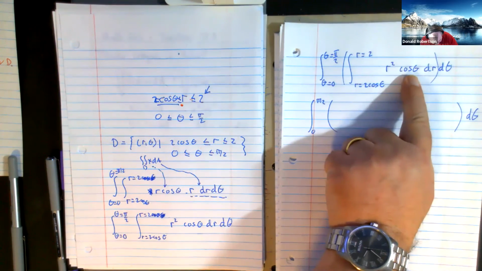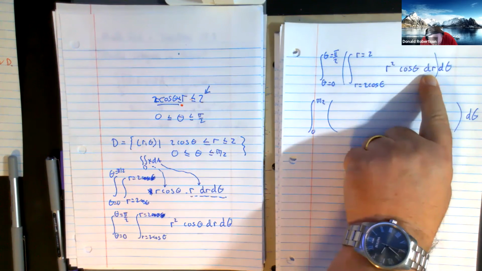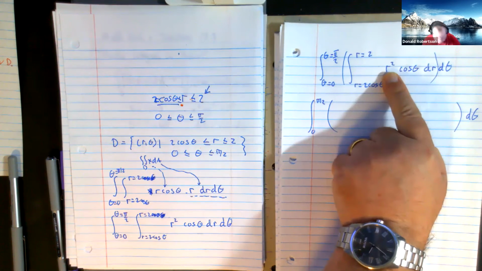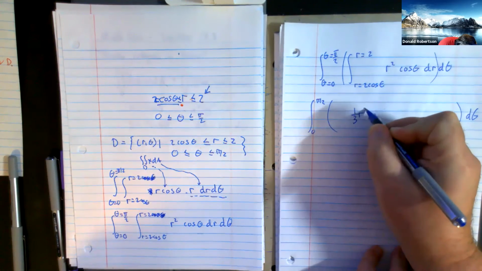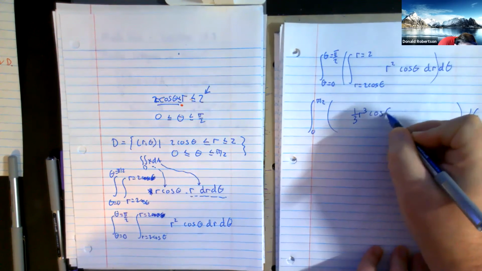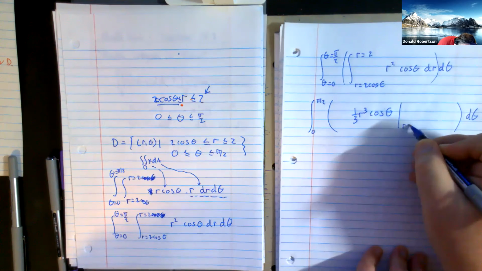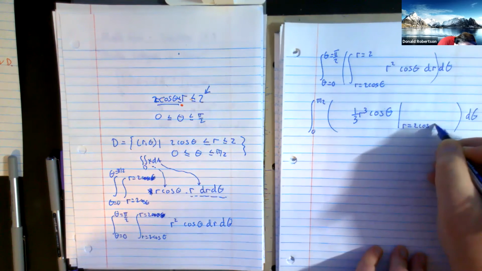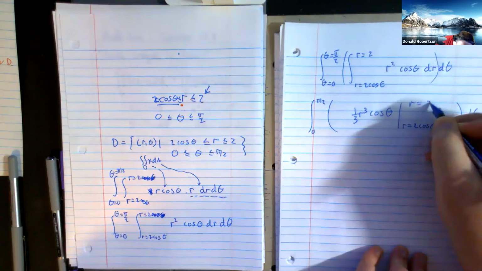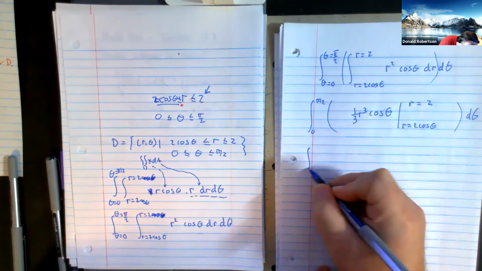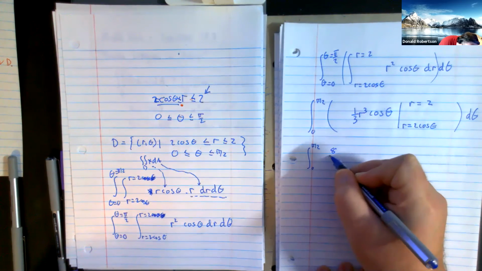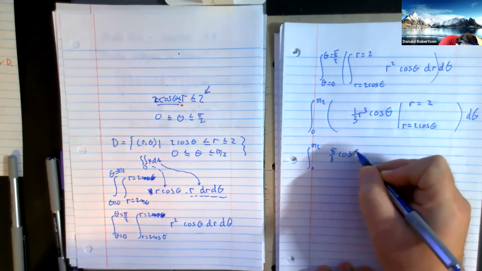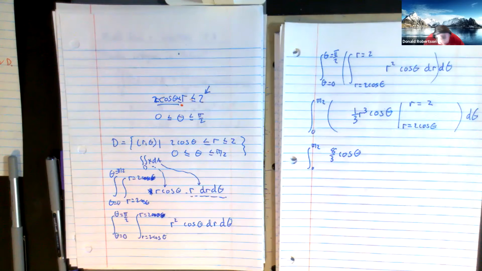If you integrate this expression with respect to r, you're basically just going to do a power rule to the r. So you're going to get 1/3 r cubed cosine theta, and then you're going to evaluate it at these two places. If you plug in 2, you're going to get 8/3 cosine theta.